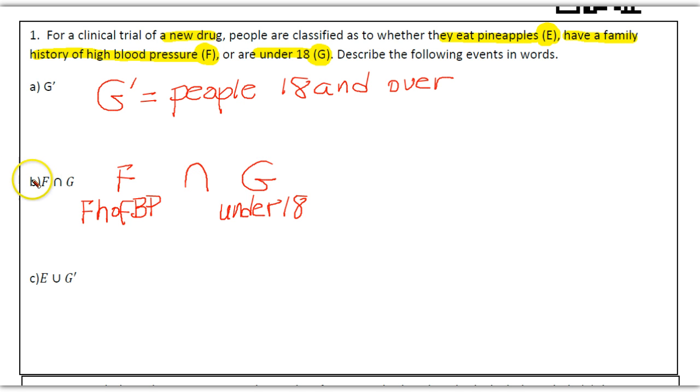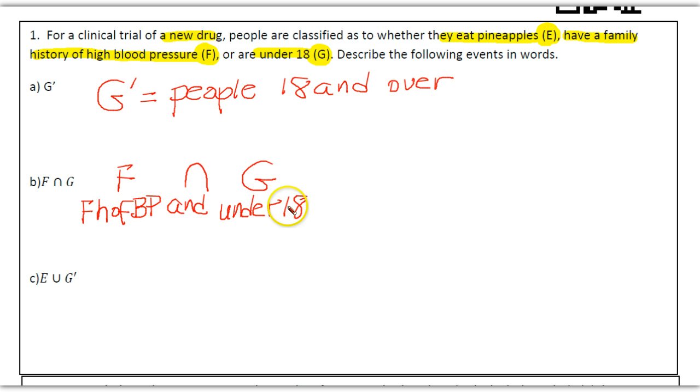All right, now let's look at F, or B, I should say. So looking at F once again is those people who have a family history of high blood pressure. That is your group F, that will intersect, and the word that we want here is and, G, that are under 18.